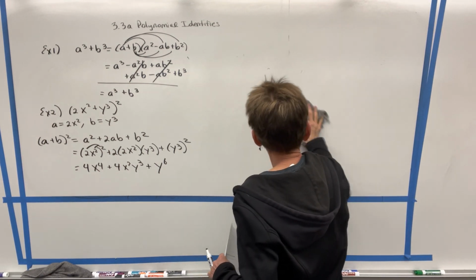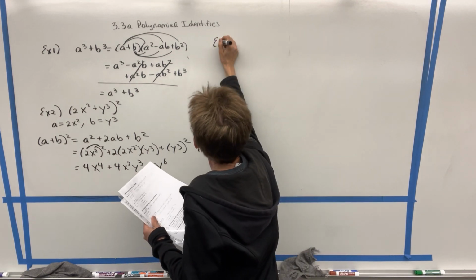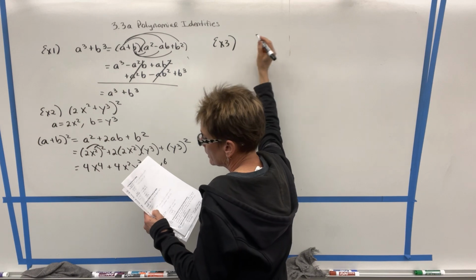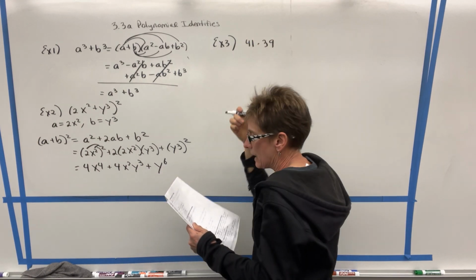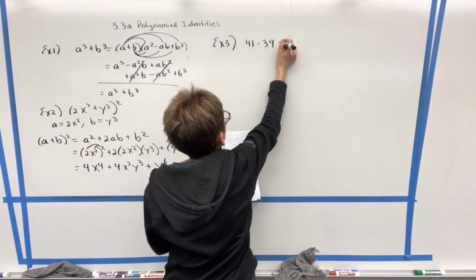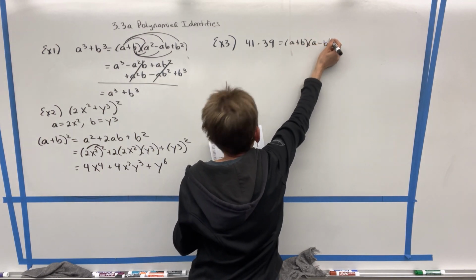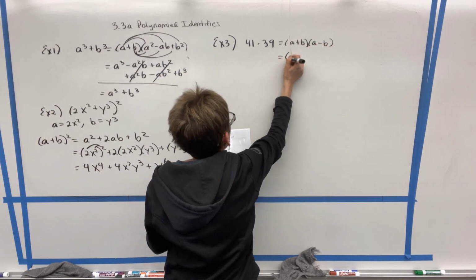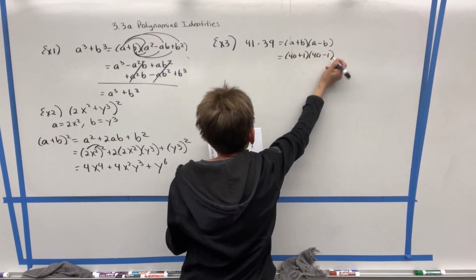Okay, let's try another example here. Let's use DOPS to multiply 41 times 39. This is kind of cool. If we want, we can think of this as a plus b times a minus b, or 40 plus 1 times 40 minus 1.